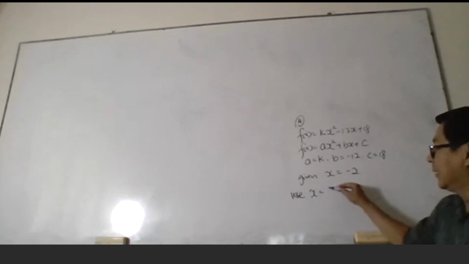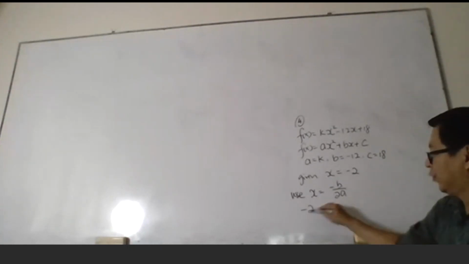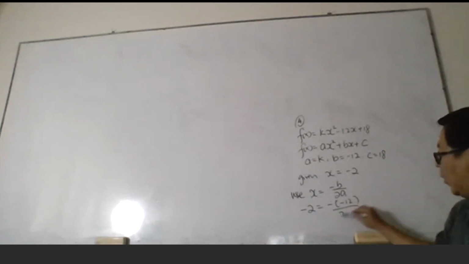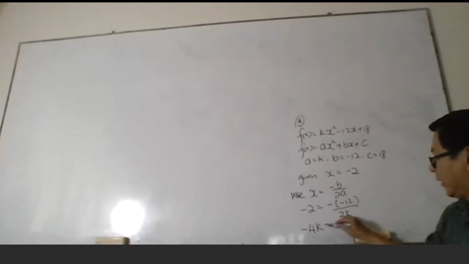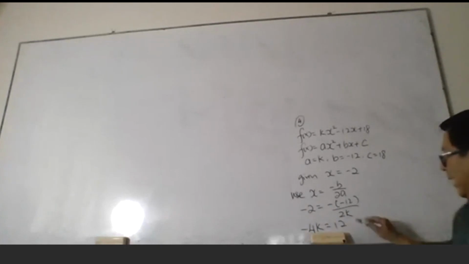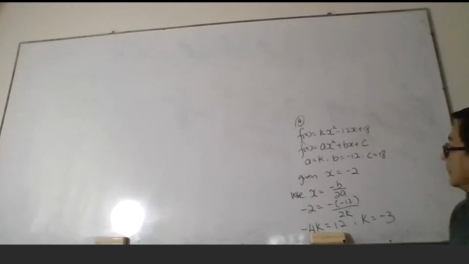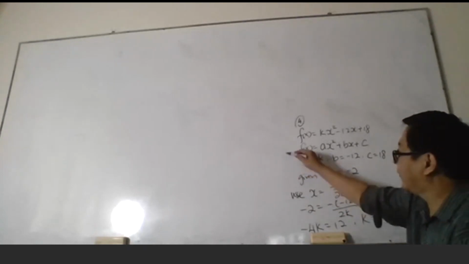I'm using -b over 2a. So -2 equals -12 over 2k. Cross multiply, -4k equals 12, so k equals -3. Am I clear? So this is for your answer A.